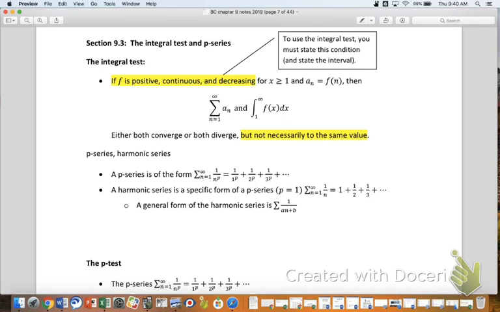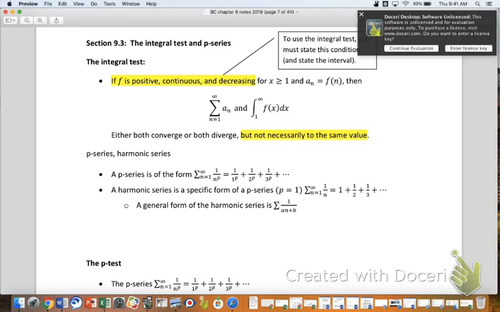The conditions are that the function describing your series has to be positive, continuous, and decreasing for the domain of the series that you're working with. And we talked a little bit about that during our proof. And here's the essence of the integral test.